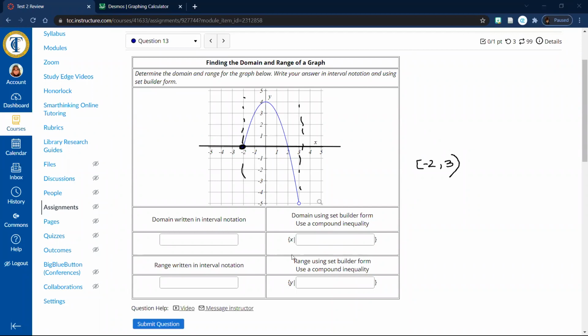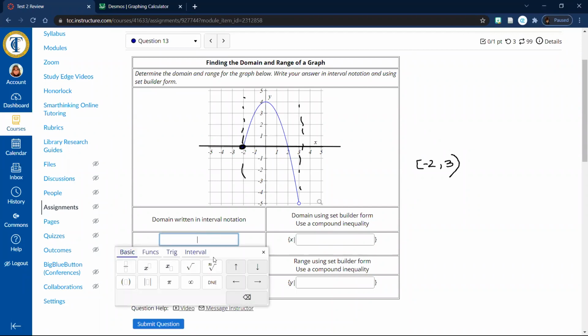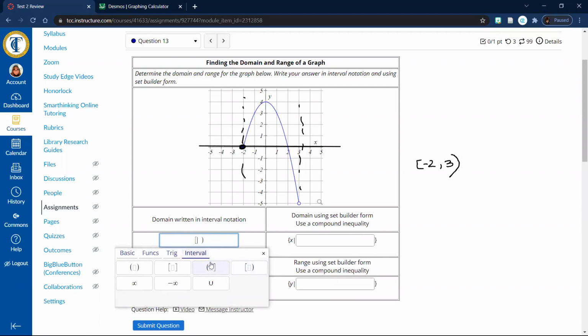In fact, I'll actually type this one. For this one, you'd have to come here, -2, 3. How do we write that in set builder notation? Put -2 is greater than or equal to.